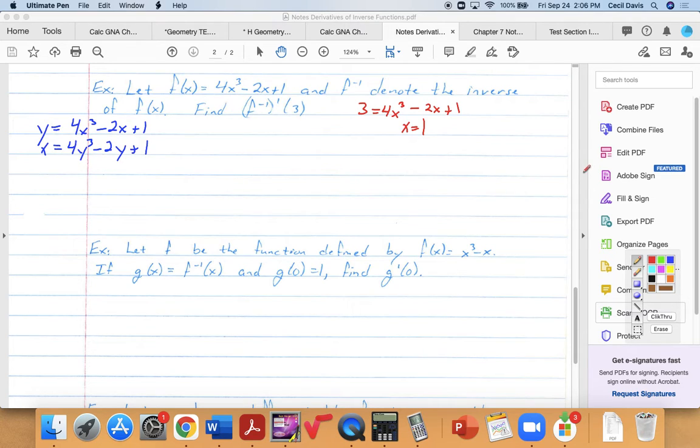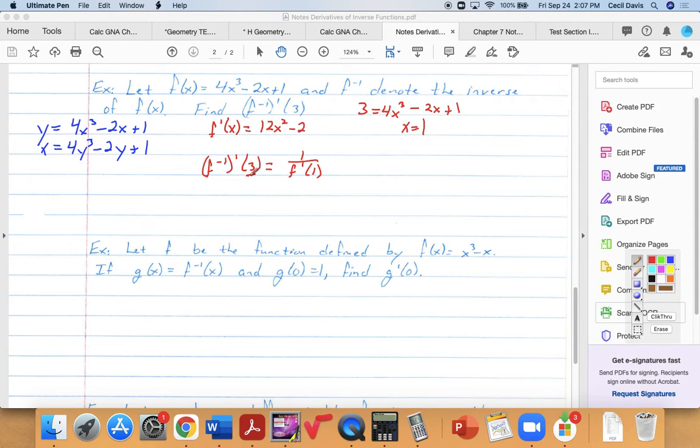Everybody's good with that? So what we're going to do is take f prime of x, which will be 12x squared minus 2, and then f inverse prime at 3 is going to be equal to 1 over f prime at 1. That's the derivative rule for inverse functions.